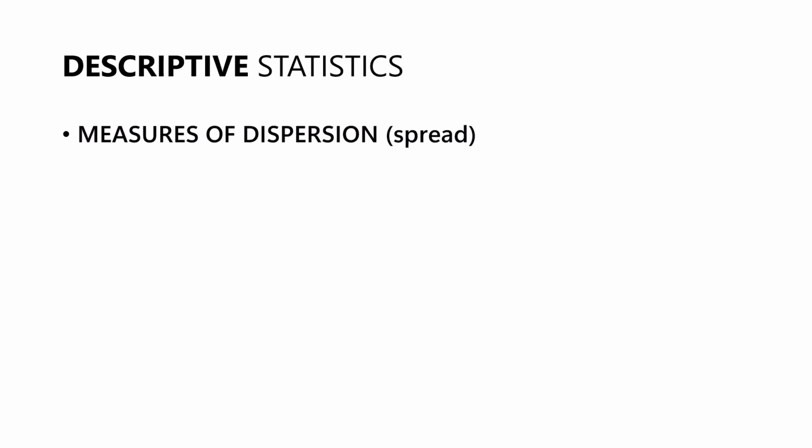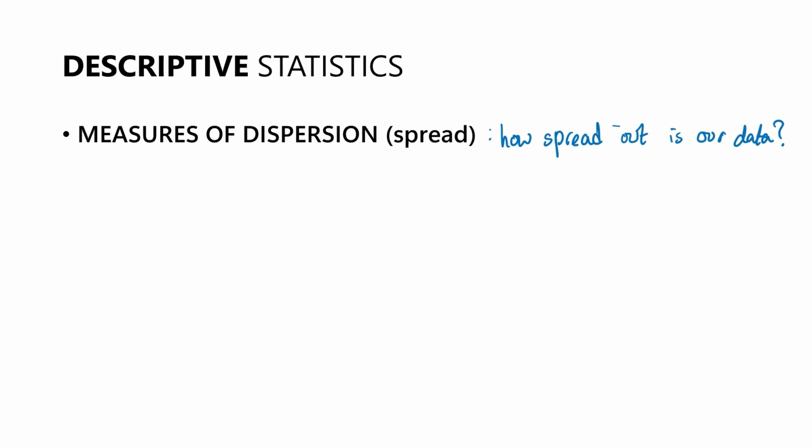Next up, measures of dispersion, or a fancy way of saying how spread out is our data. For example, do students in your class all score about the same on a test, or are some students getting 100 and the others 20?